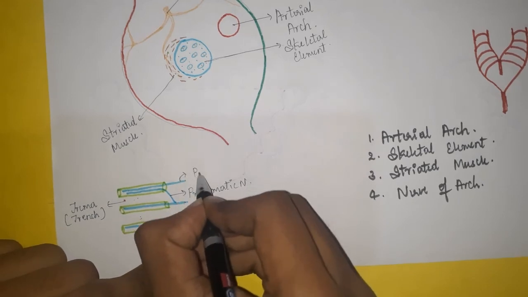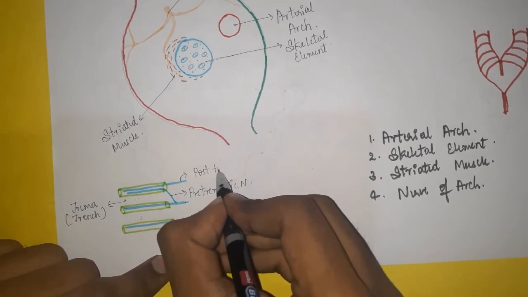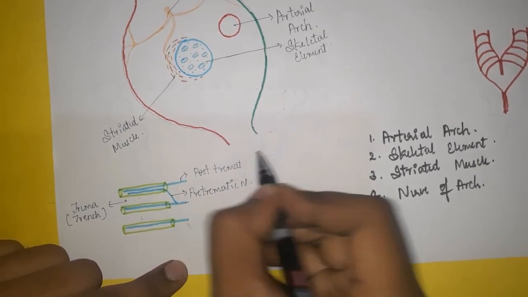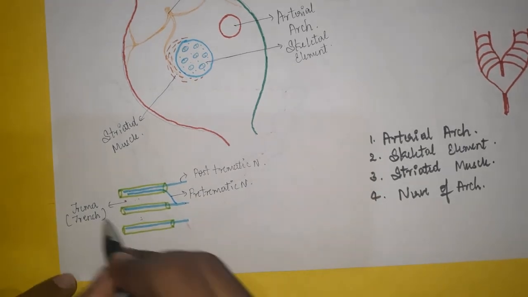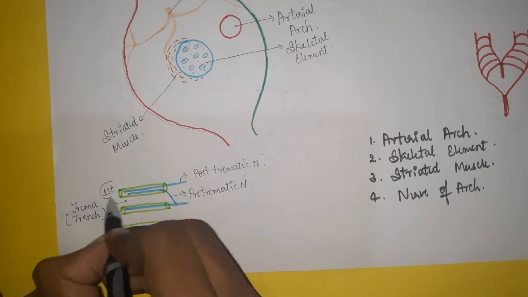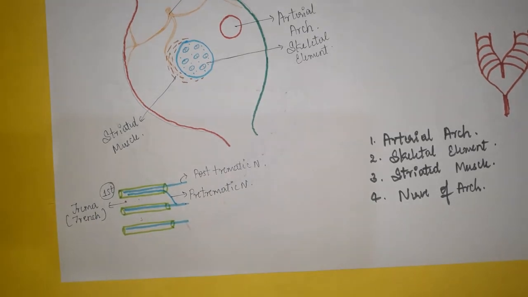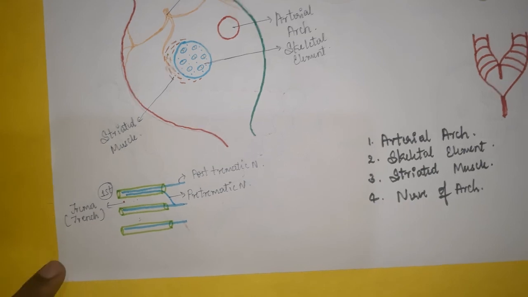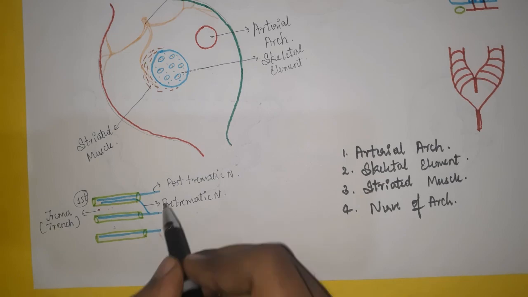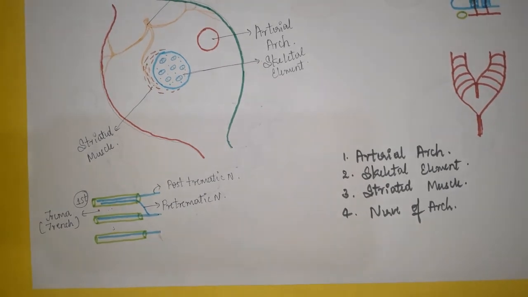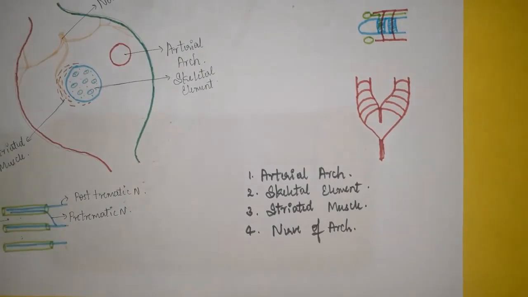This is pretrematic, this is post-trematic. In lower animals, each arch has a double nerve supply, but in humans, only the first arch has pretrematic and post-trematic nerve supply. You can correlate this with the anterior two-thirds of the tongue. It is supplied by two nerves. This is post-trematic, this is pretrematic. This is the nerve supply. The four elements of the pharyngeal arch are complete.